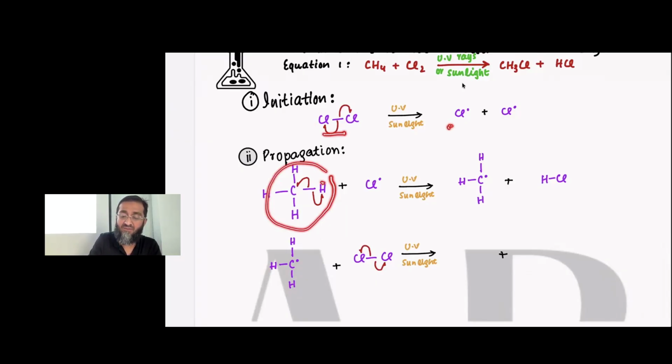As soon as this chlorine forms and from here the hydrogen forms, they both join. So there is no proper order of these reactions. We are just showing what the possible reactions are which are taking place. But there is no order or sequence. Besides initiation, which takes place at first because this bond is weaker as compared to the rest of the bonds, these reactions occur randomly. There is no sequence.